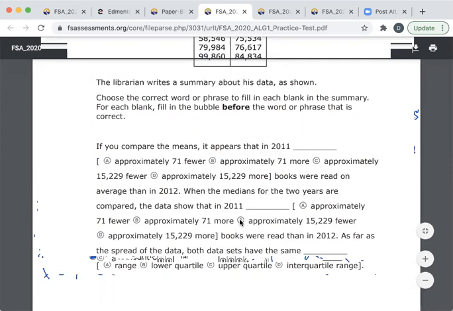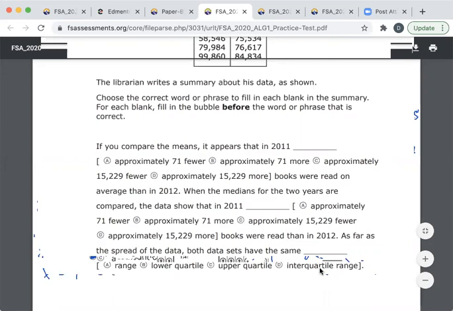Now for the last little bit, as far as the spread of data, both data sets have the same what. We have our choices of range, lower quartile, upper quartile, and interquartile range. The range is if you subtract the largest number minus the smallest number.